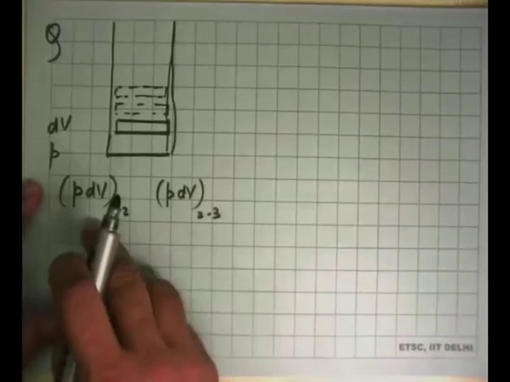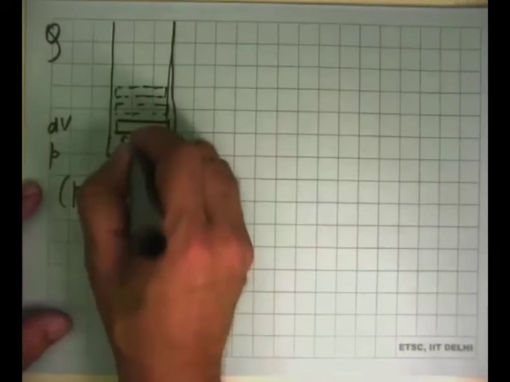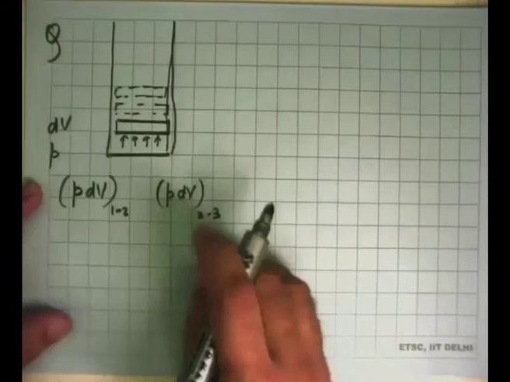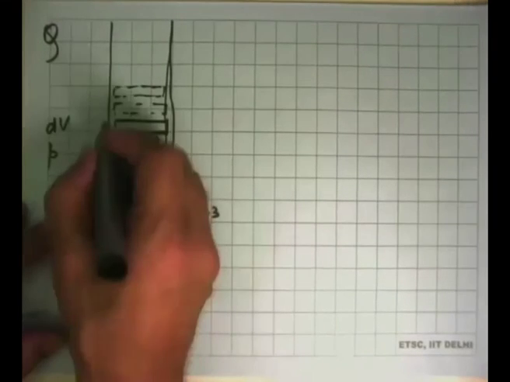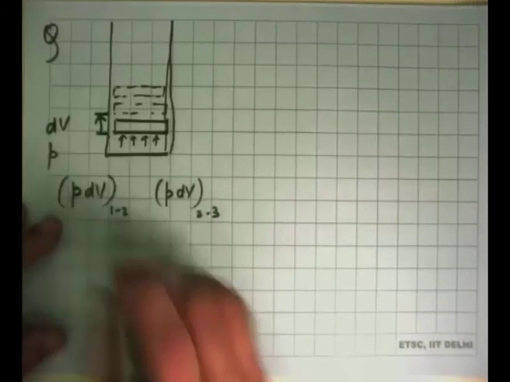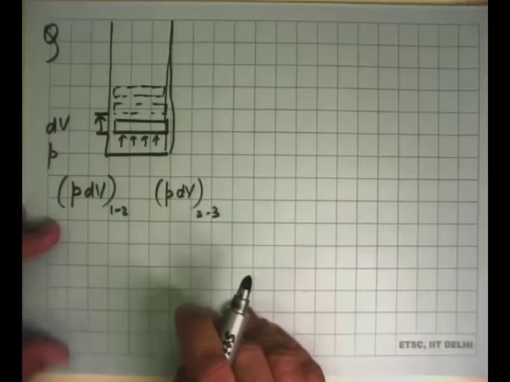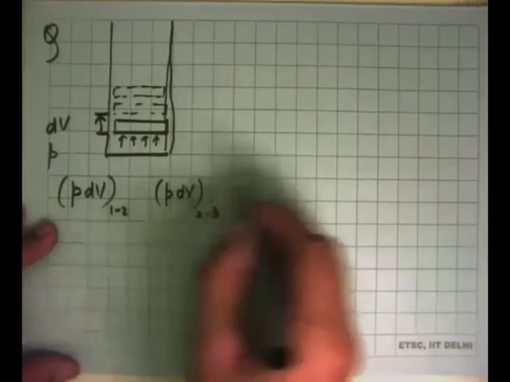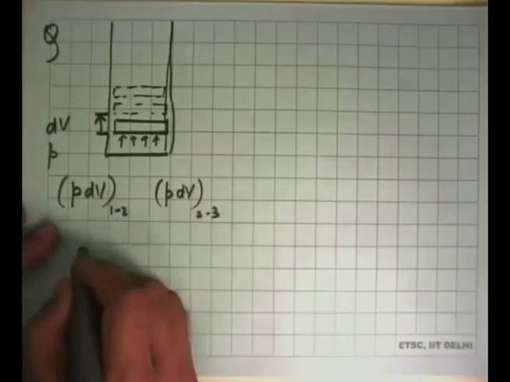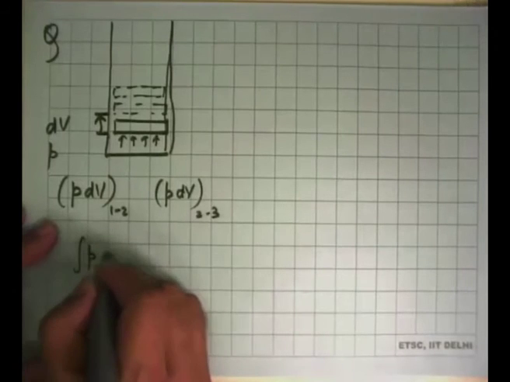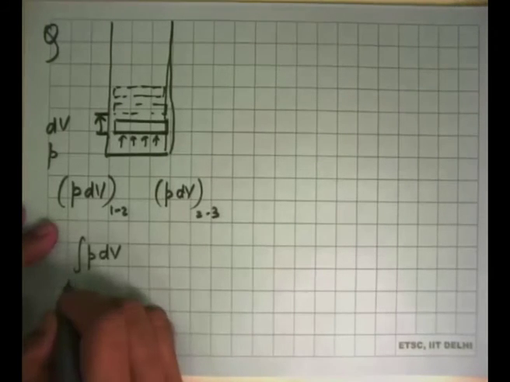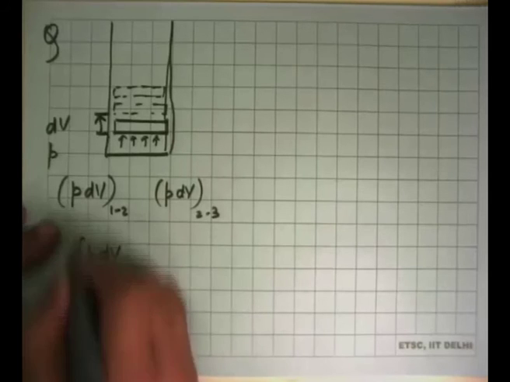And why PdV? It is because the force is acting on the piston. This is causing a displacement of the system boundary from there to there. So there is work done at the system boundary. Okay, so that's what has happened here. And like this we keep on adding all of these and finally we get the integral of PdV from the initial state to the final state, whatever.